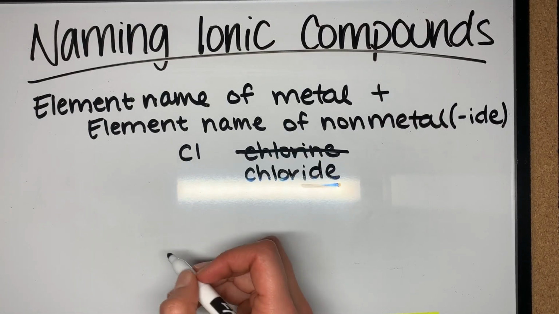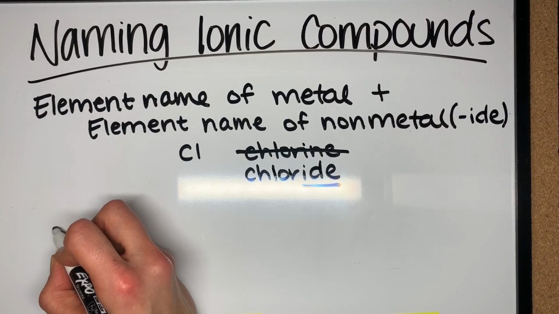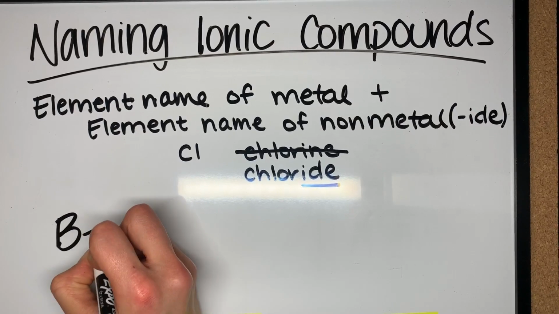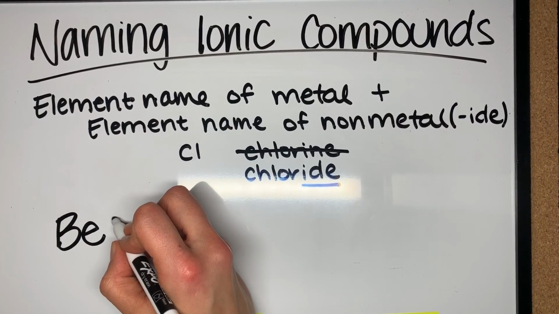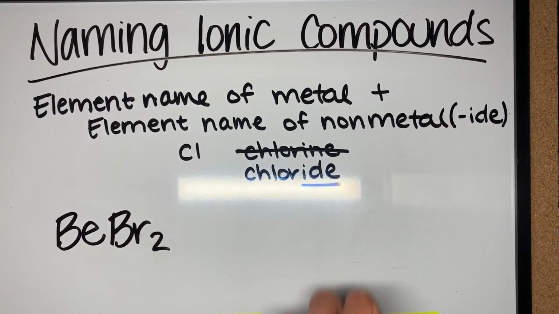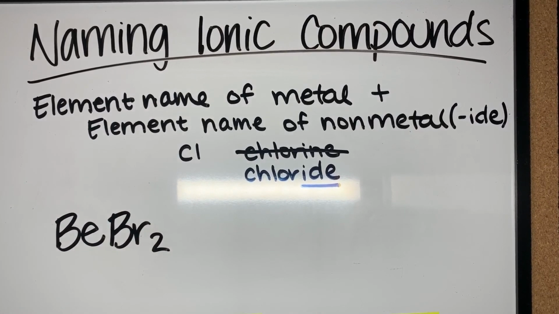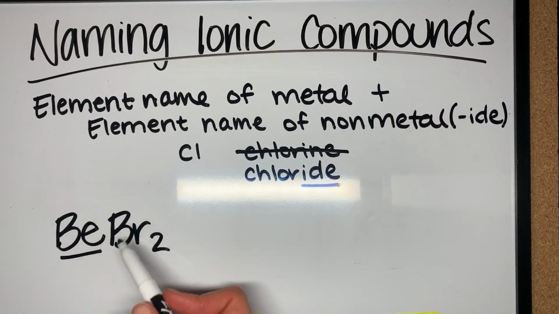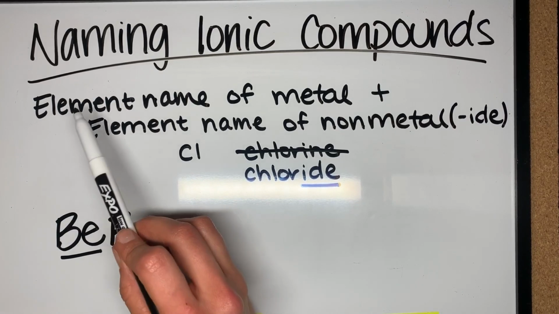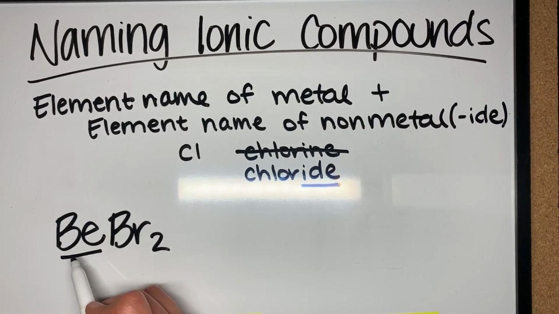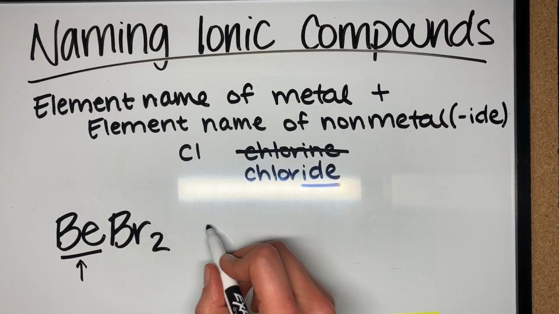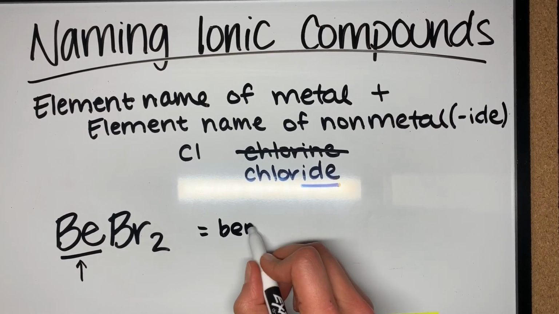Now, let's do an example. Let's try this one: BeBr2. You know it's ionic because the beginning, Be, is beryllium, and that is a metal. So you automatically know this is ionic. So we need to write the element name of the metal, so we are going to write beryllium.